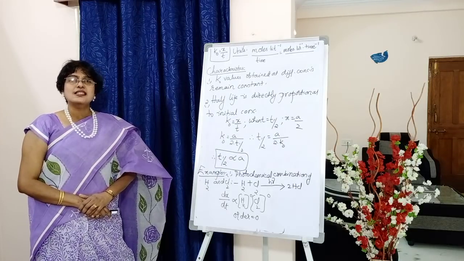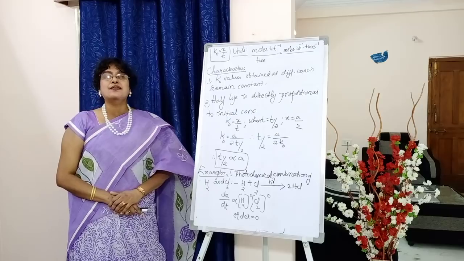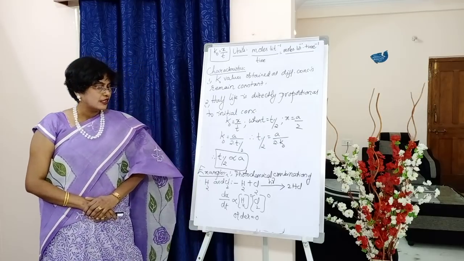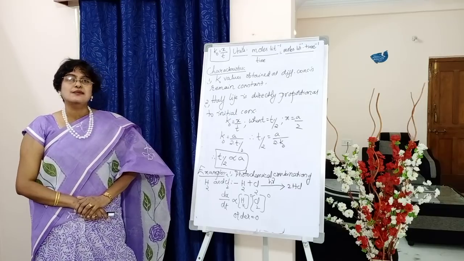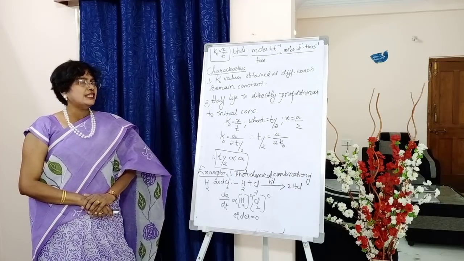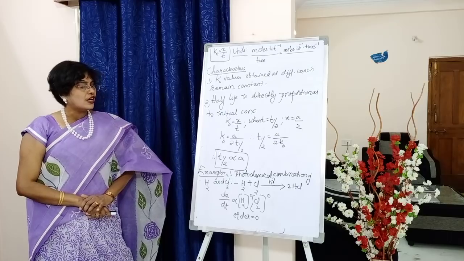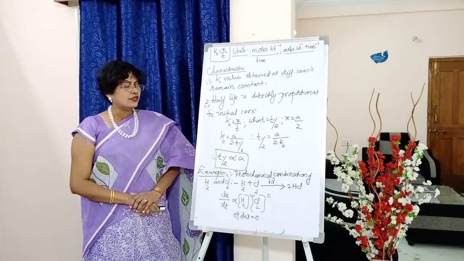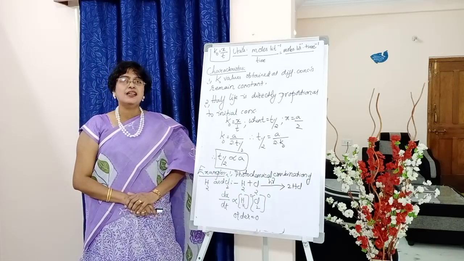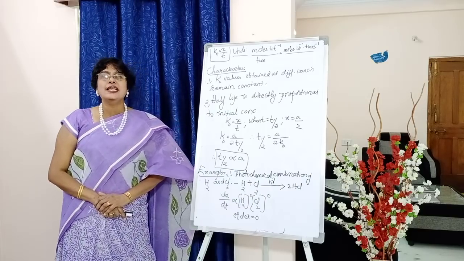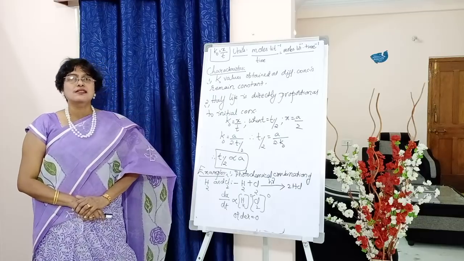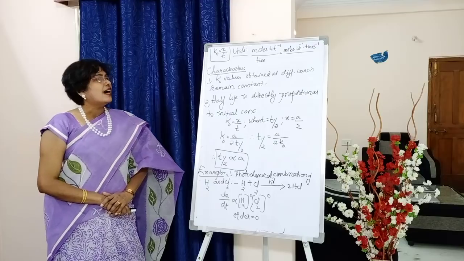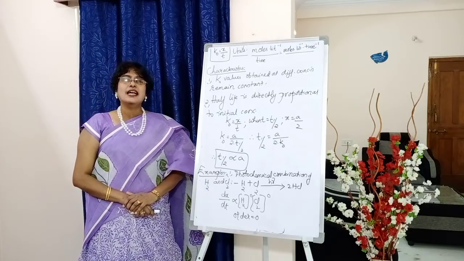Here, the concentration of the reactants doesn't influence the rate of reaction. So, how to write the rate expression? Below write down dx by dt proportional to concentration of H2 to the power 0 into concentration of Cl2 to the power 0. Therefore, order equals to 0.